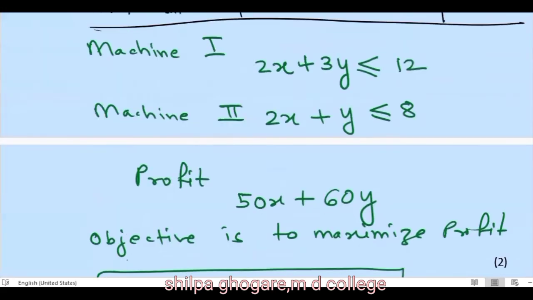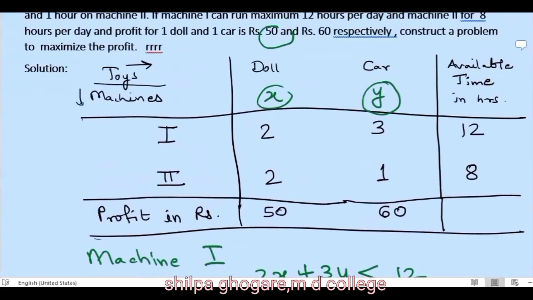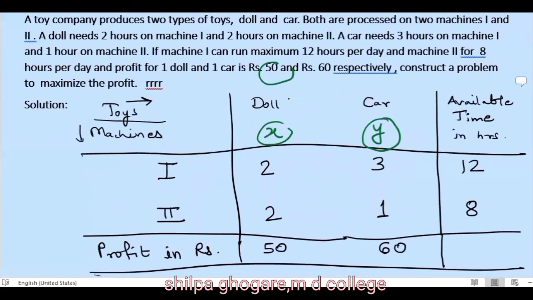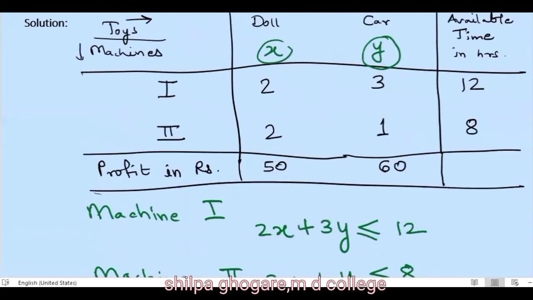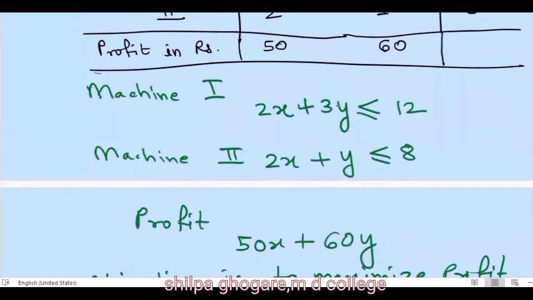And on the top we have already seen these are the two linear inequalities. So the company wants to produce those many dolls and cars so that you get maximum profit and also satisfy both the linear constraints.